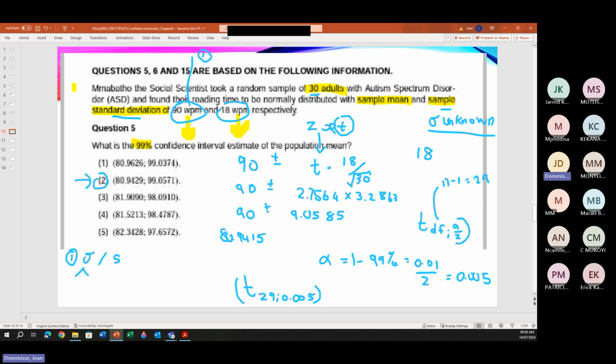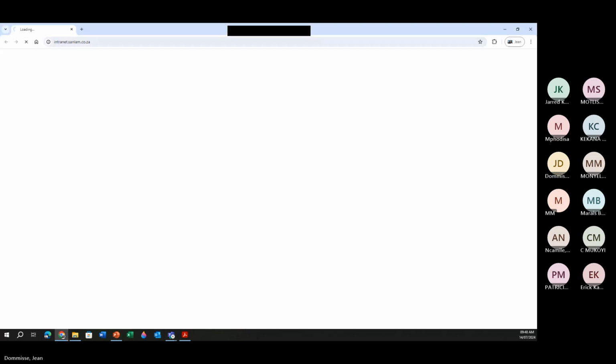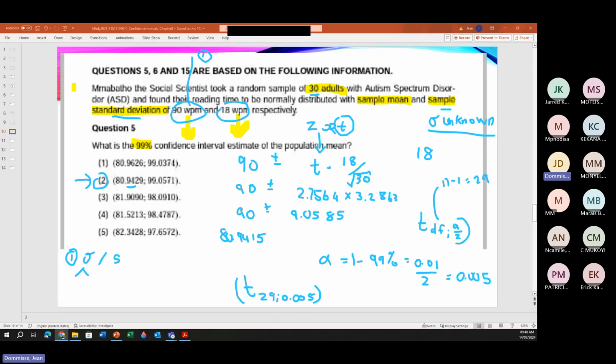So very close to the 80.94. Just worried about that 1.5. So let's quickly check if I put in a online calculator, because it might just now be with the T table.